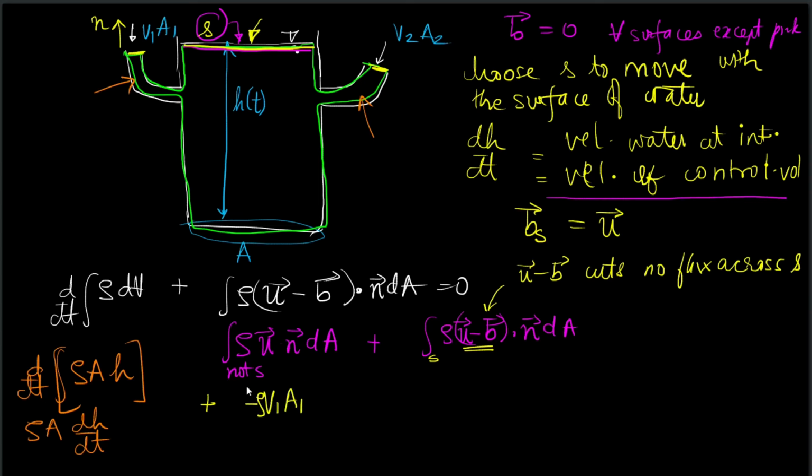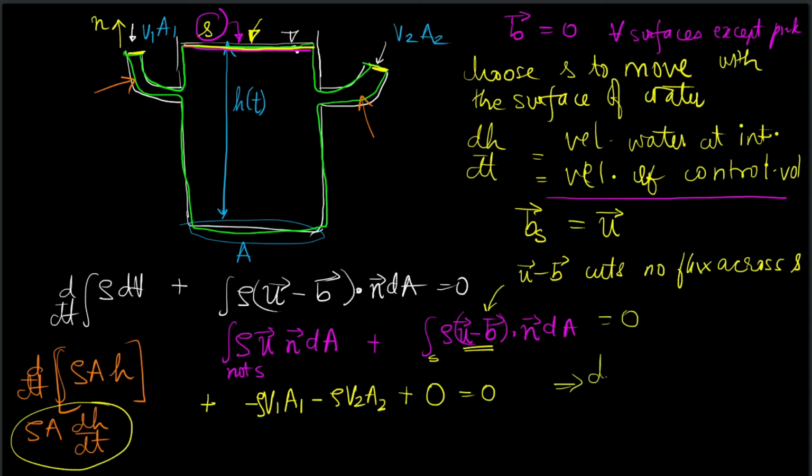So this integral will be tantamount to this. This integral will be tantamount to minus rho v2 a2, and this will be equal to 0. So this plus this equal to 0. So this whole thing is 0.